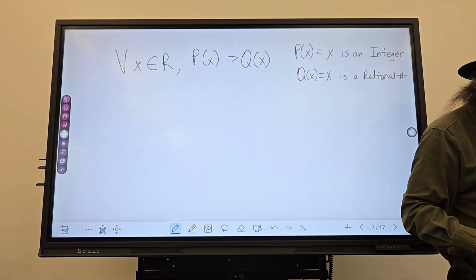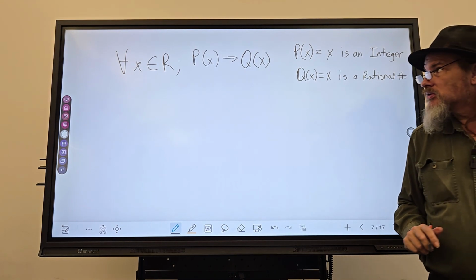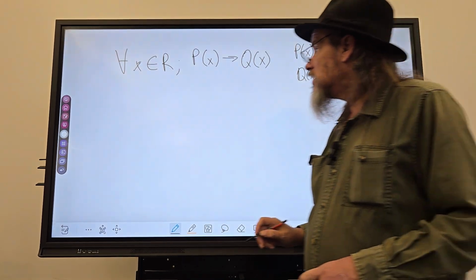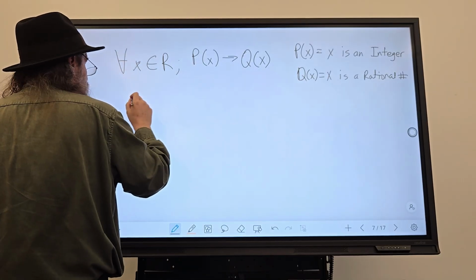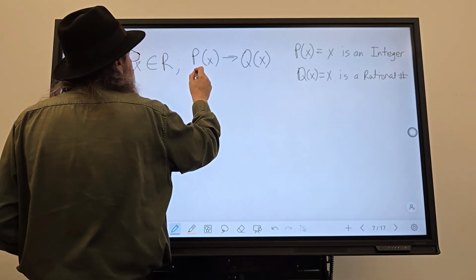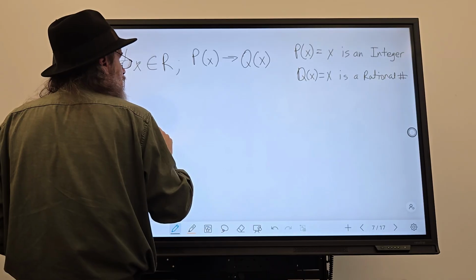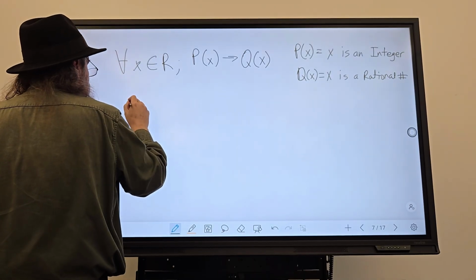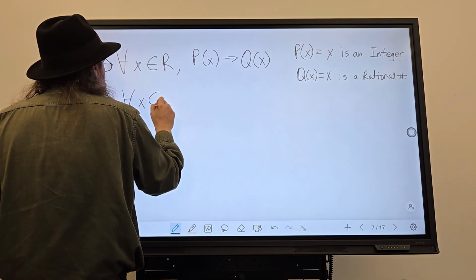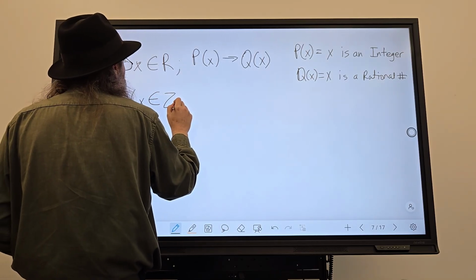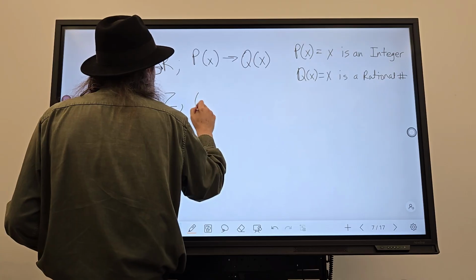So this is equivalent because of the restriction on the P of x: for all x element of Z, Q of x.